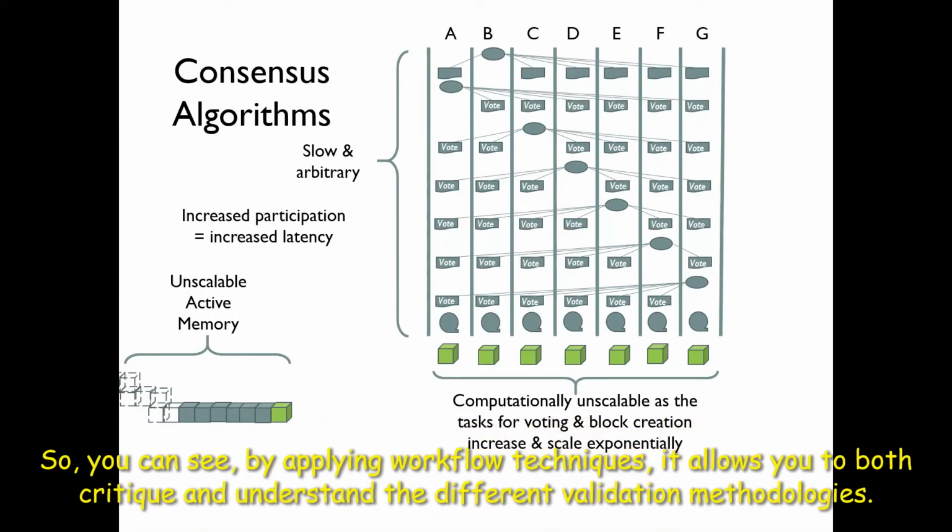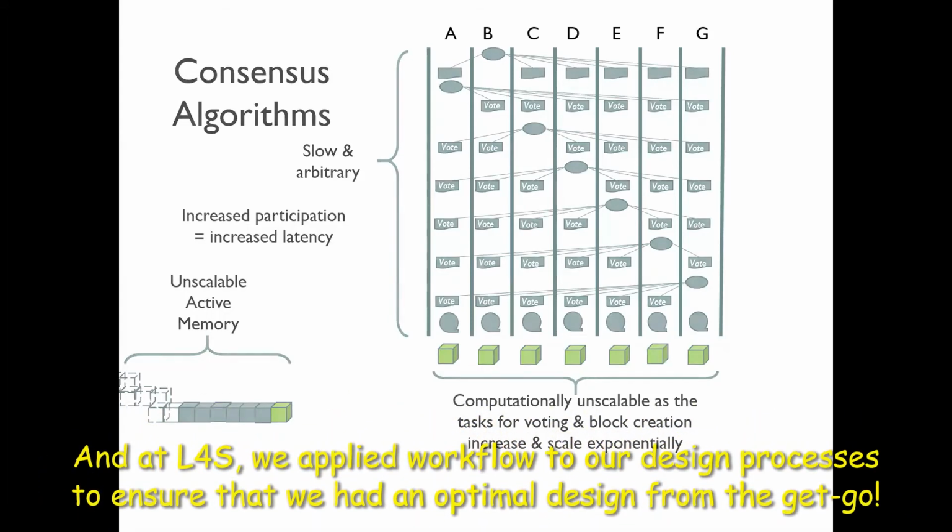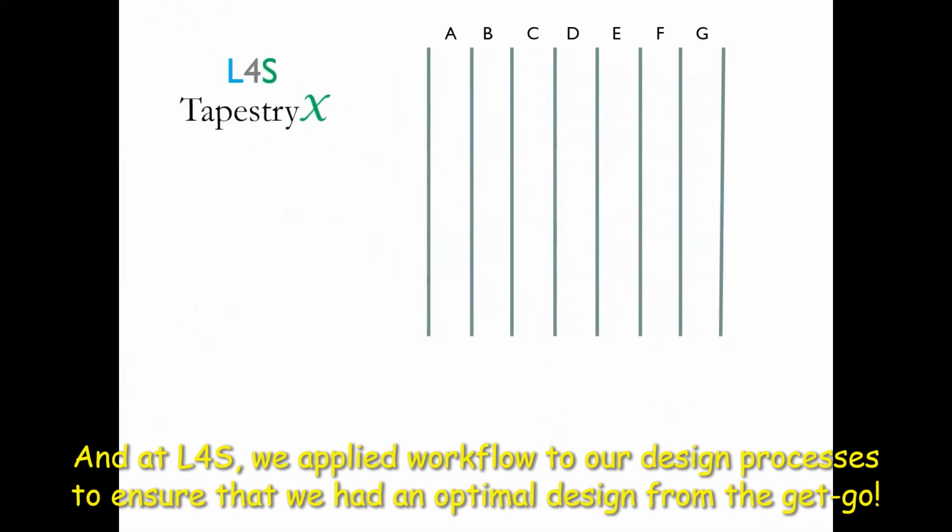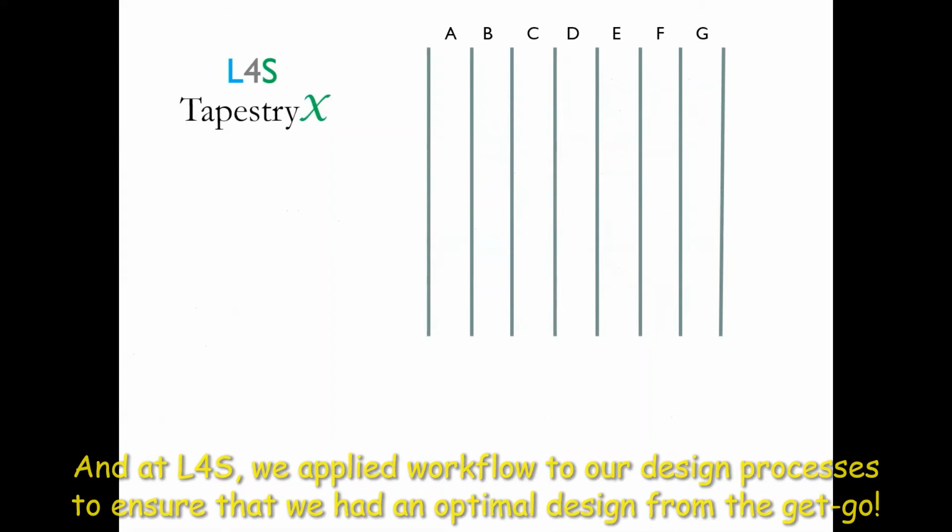So you can see, by applying workflow techniques, it allows you to both critique and understand the different validation methodologies. And at L4S, we applied workflow to our design processes to ensure that we had an optimal design from the get-go.